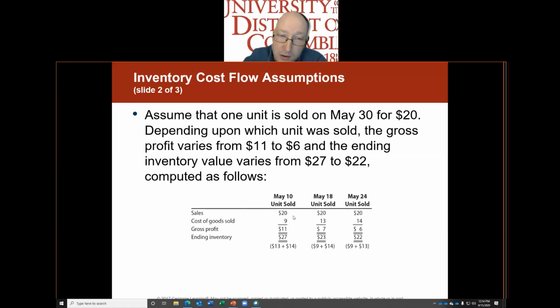You take your sales minus your cost of goods sold to get your gross profit. 20 minus 9 is 11. 20 minus 13 is 7. 20 minus 14 is 6. Your ending inventory is 27, 23, 22. Okay? How we got there, you took your 13 plus your 14, your 9 plus your 14, your 9 plus your 13. Again, averages, right?